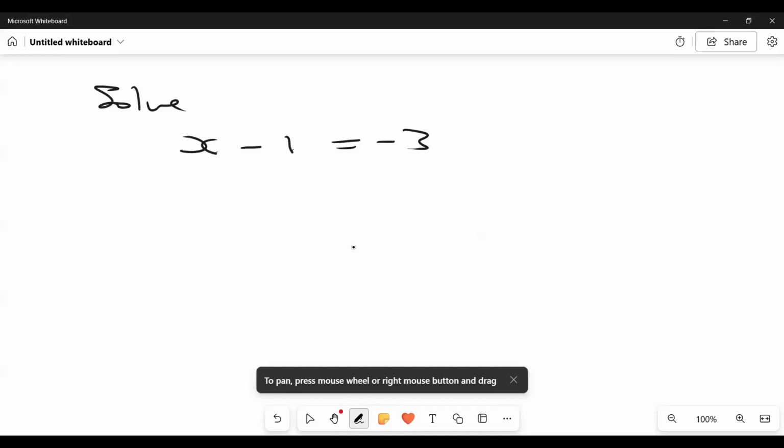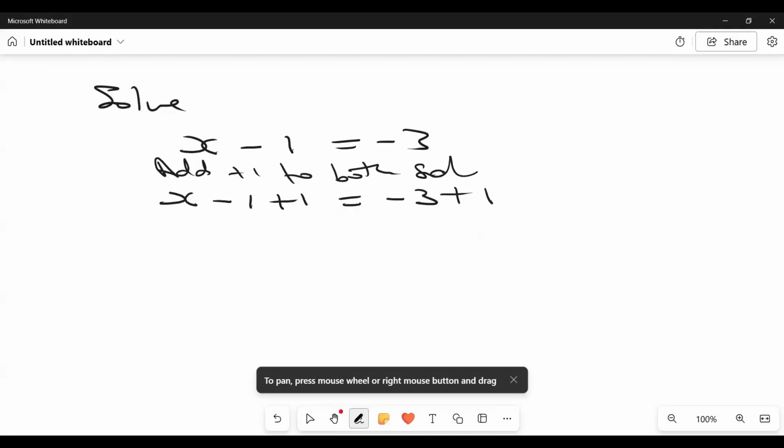So we've got to get rid of this minus 1, right? What do we do? We add 1 to that side and do the same thing over here. What we do to one side, we do to the other side, right? So we add positive 1 to both sides, right?